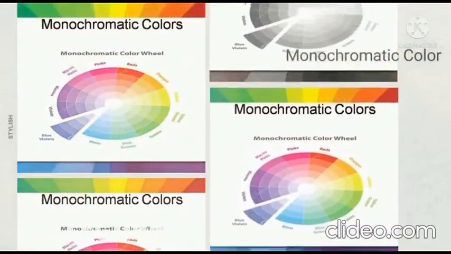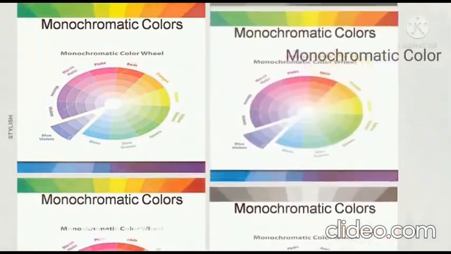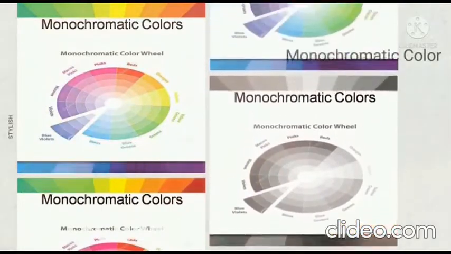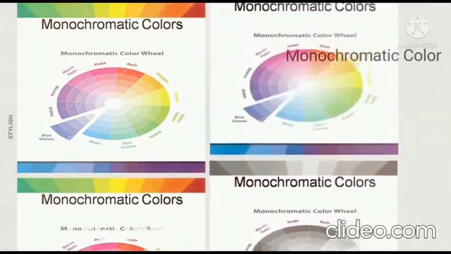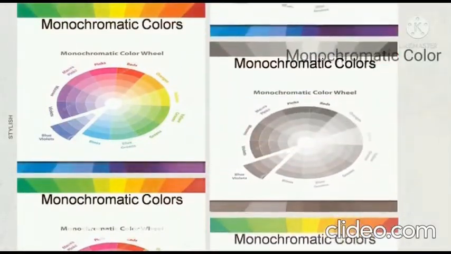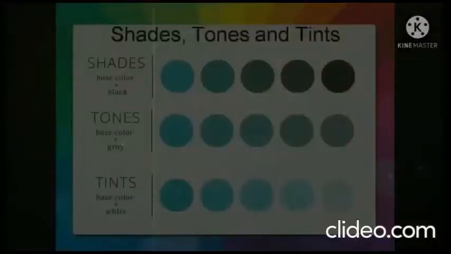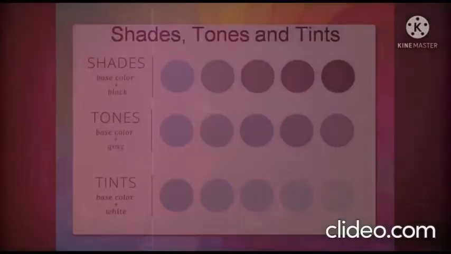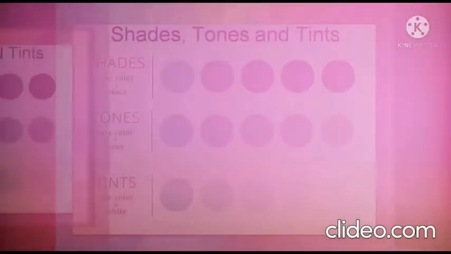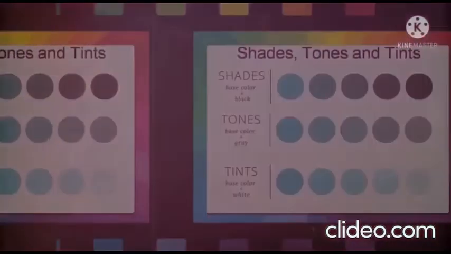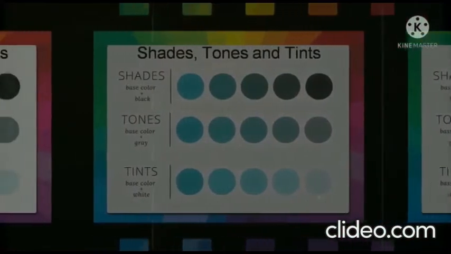Monochromatic colors. A color scheme in which the artist uses only one hue plus shades and tints of that color. Tint: adding white to the color gives a lighter value of the color. If we add white to a particular hue, it is called tint. Color value will be increased.